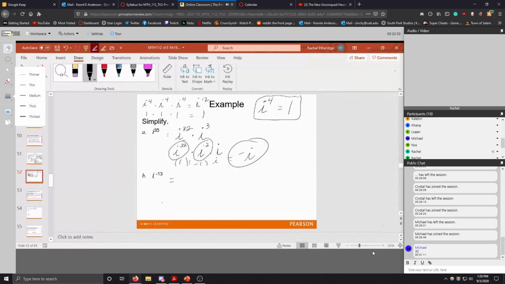This one, we're just going to write as 1 over i to the 13th because that's a negative exponent. So with a negative exponent, you bring it to the denominator, and it becomes positive. Then i to the 13th, the next lower number divisible by 4 is i to the 12th. So i to the 12th is 1.